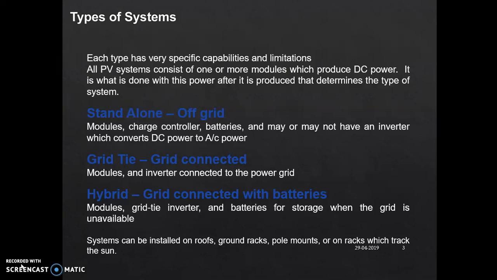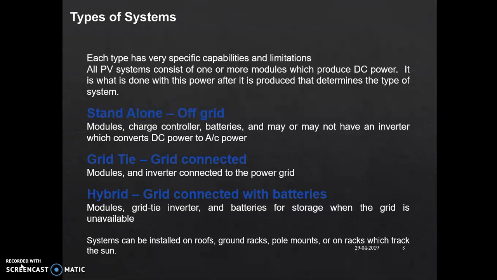First is the standalone off-grid system. It consists of modules, a charge controller for regulating the voltage to the battery, a battery, and we may or may not have an inverter which converts DC power to AC power.